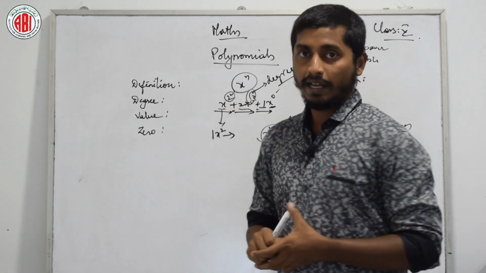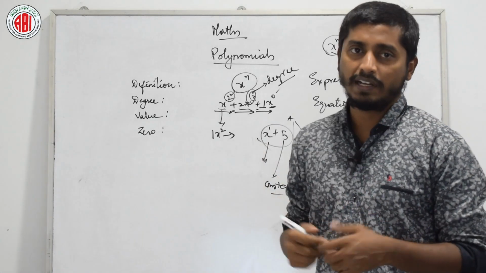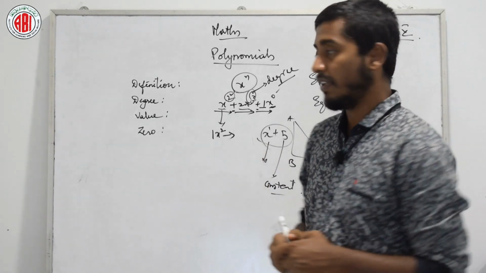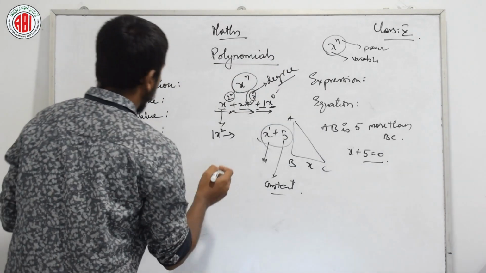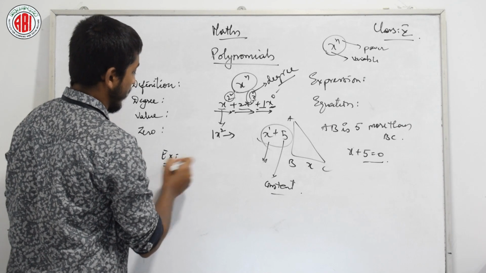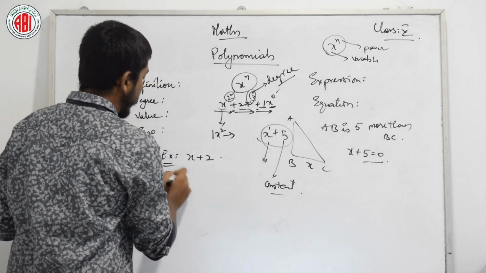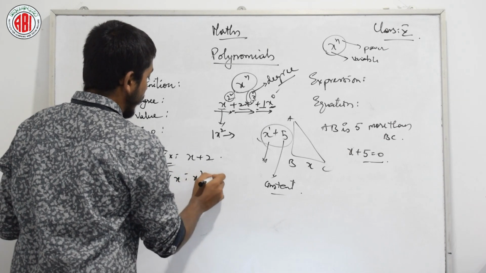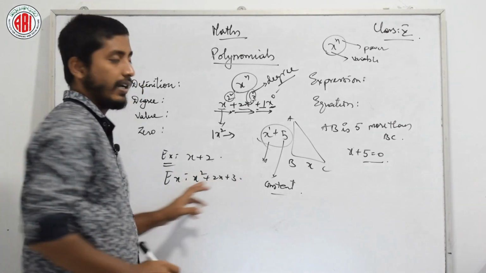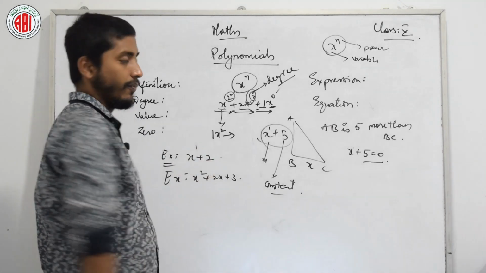Clear? Right? Based on the degree, we can segregate polynomials into different categories. Let us see 3 to 4 examples. x plus 2, and one more example is x square plus 2x plus 3. Let us take such things. See here, here the degree of x is 1.